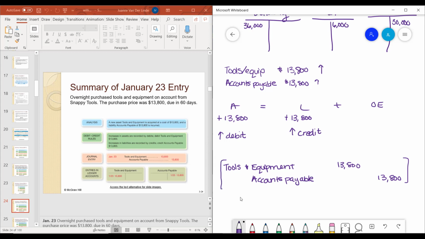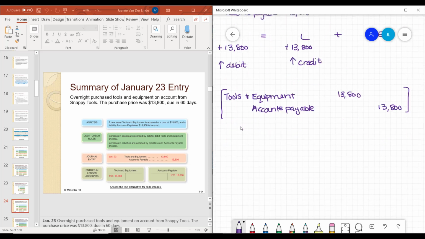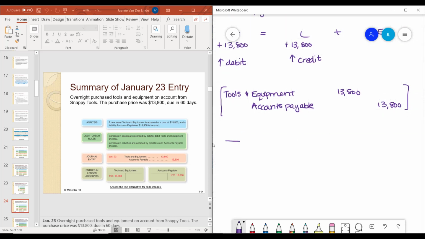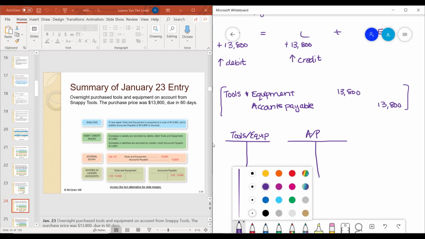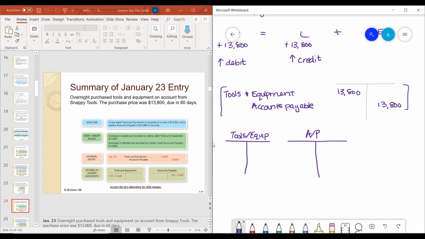So now that we've journalized it, we can post it to our ledger accounts. Our tools and equipment account and our accounts payable account. And we just copy it over. You just look at what's happening here, because remember, this is like that invisible little T account, just by virtue of how journal entries are designed, right?